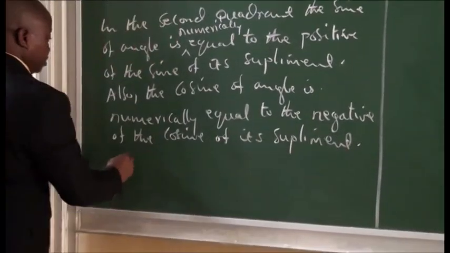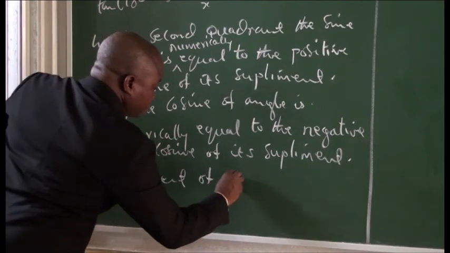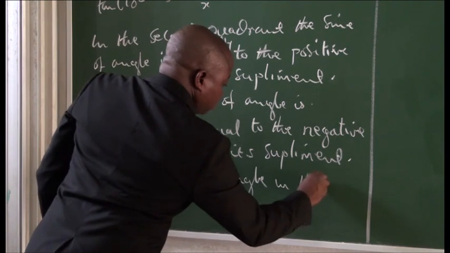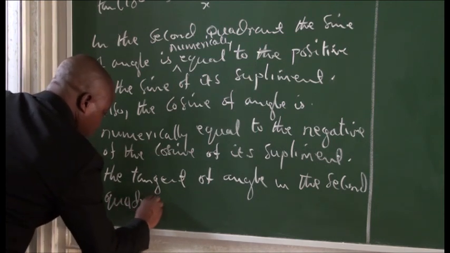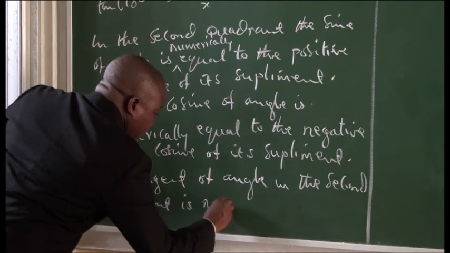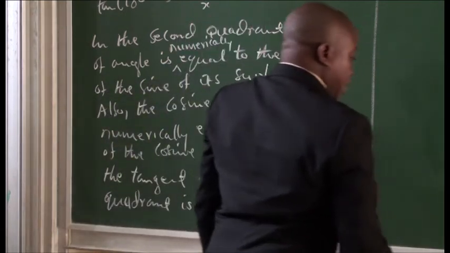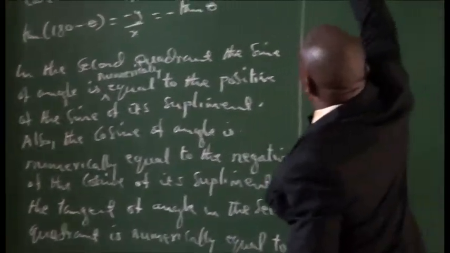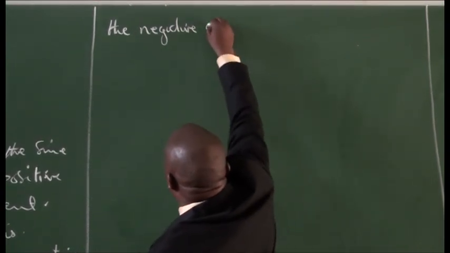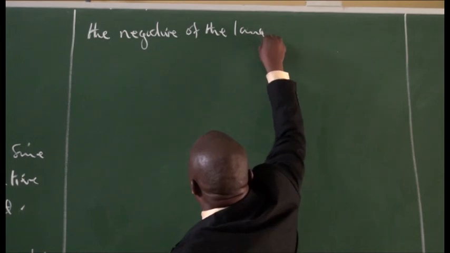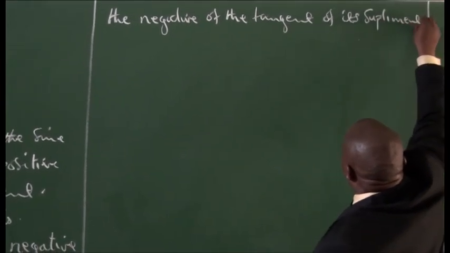The same applies: the tangent of an angle in the second quadrant is numerically equal to the negative of the tangent of its supplement.